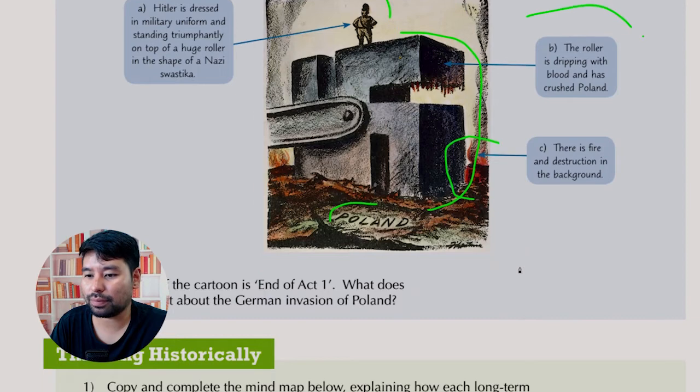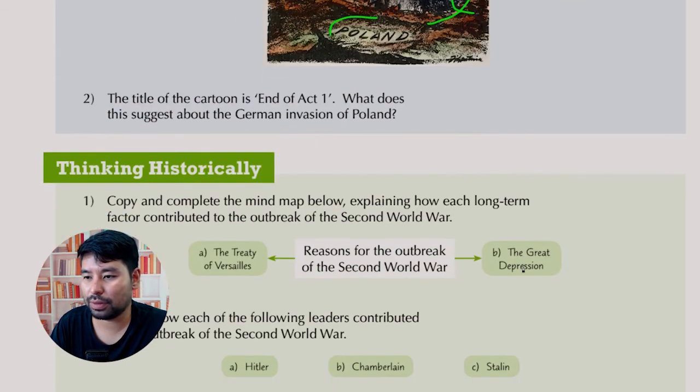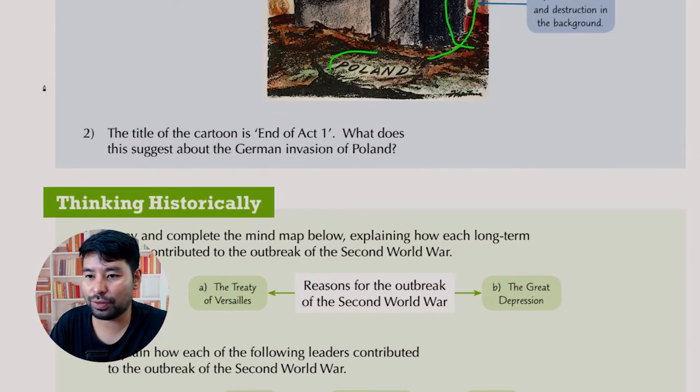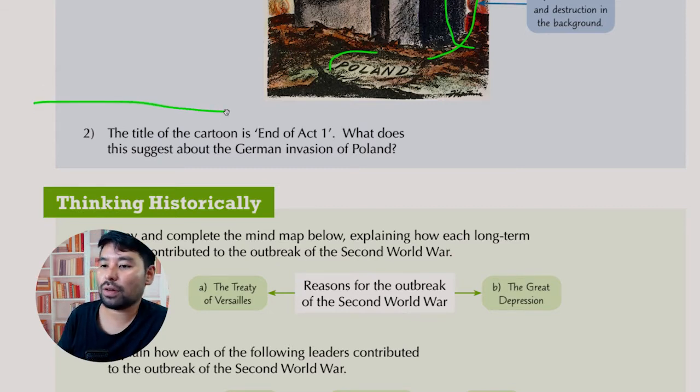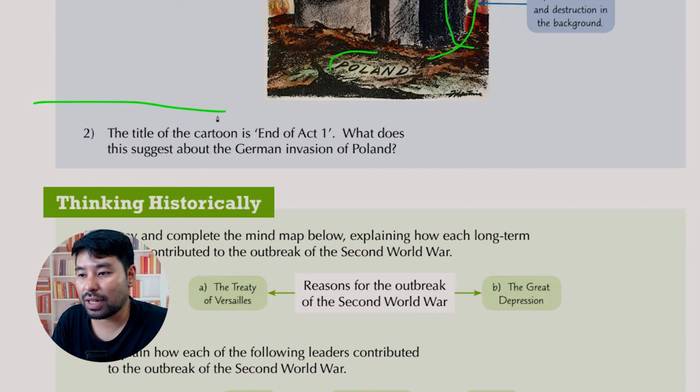Okay. Number 2. We have number 2 here, right? Yeah, it's possible to see. The title of the cartoon is End of Act. That's the title. What does this suggest about the German invasion of Poland? Yeah, this invasion of Poland by the Germans.